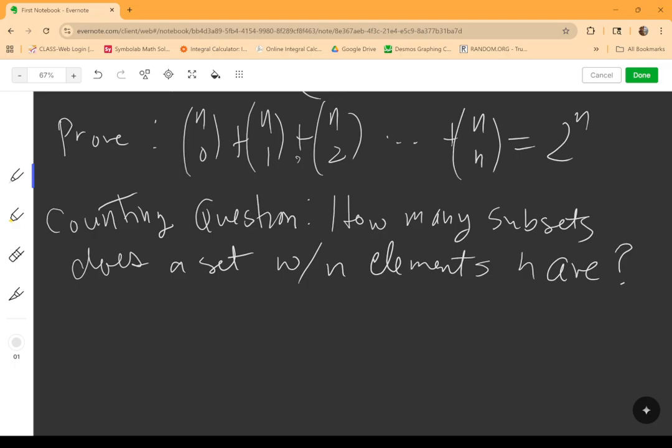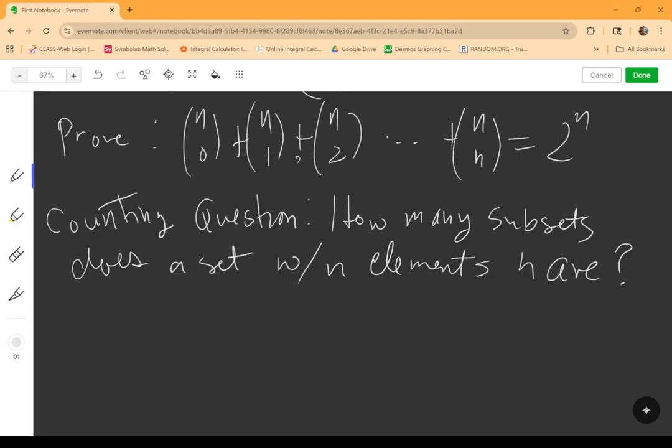Okay, and here we could see that on the right side of the equal, n is the total number of elements, and we break it down into the size of the subsets. Size 0, the empty set is a subset of every set, size 1, size 2, etc., all the way till we get to size n. You include all the elements there.